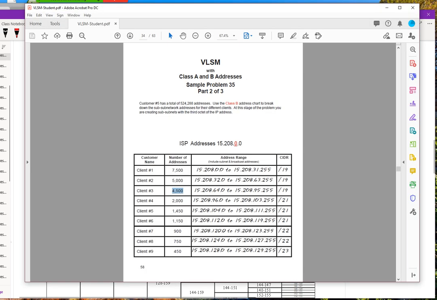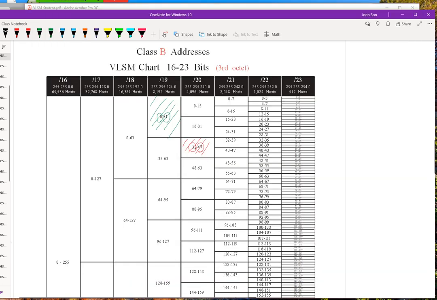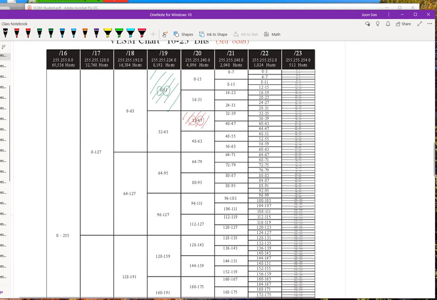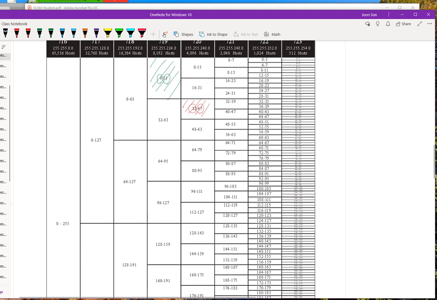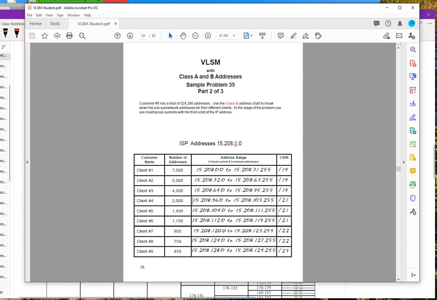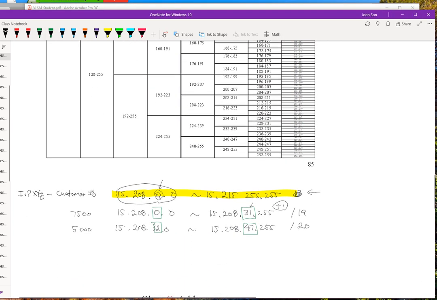Oops, you know what? I made a mistake. I'm sorry. This is 45, and obviously slash 20 is too small because it's up to 40, and what I need is 45. So I'm sorry, this is my mistake. Still, this is like a 40, and then what I need is 45. So what I need is still this block. Yeah, right? 31 to 63, yes. So it's my mistake, sorry.